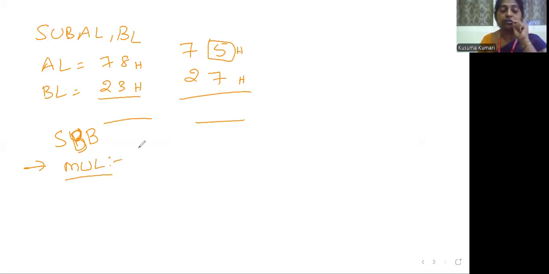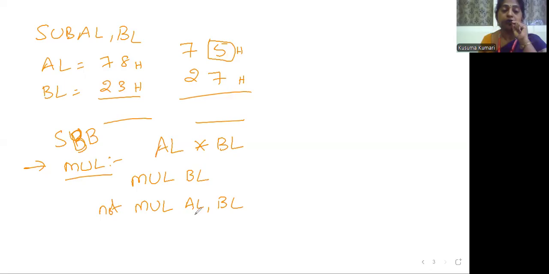Here one point is to be remembered for multiplication instructions, and that is the syntax. Suppose we want to multiply the AL contents with the BL register contents, then my instruction is MUL BL only, not MUL AL comma BL.